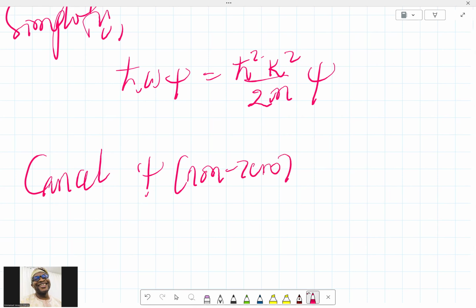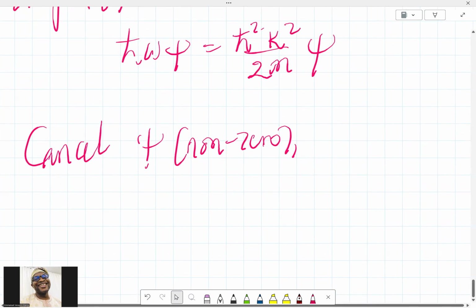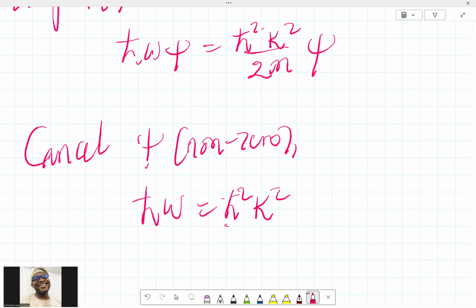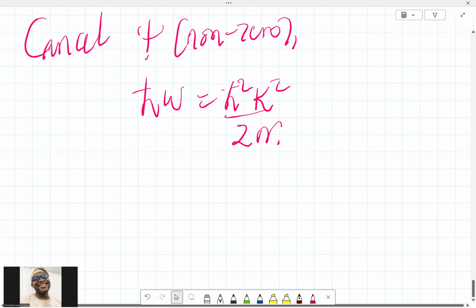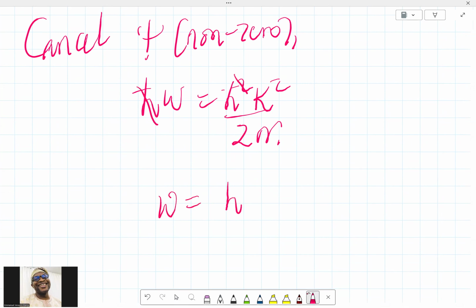I mean, if it's 0, that won't work. We can divide through by psi. So we have h bar omega equals h bar squared k squared over 2m. In that case, one h bar cancels, so omega is equal to h bar k squared over 2m.